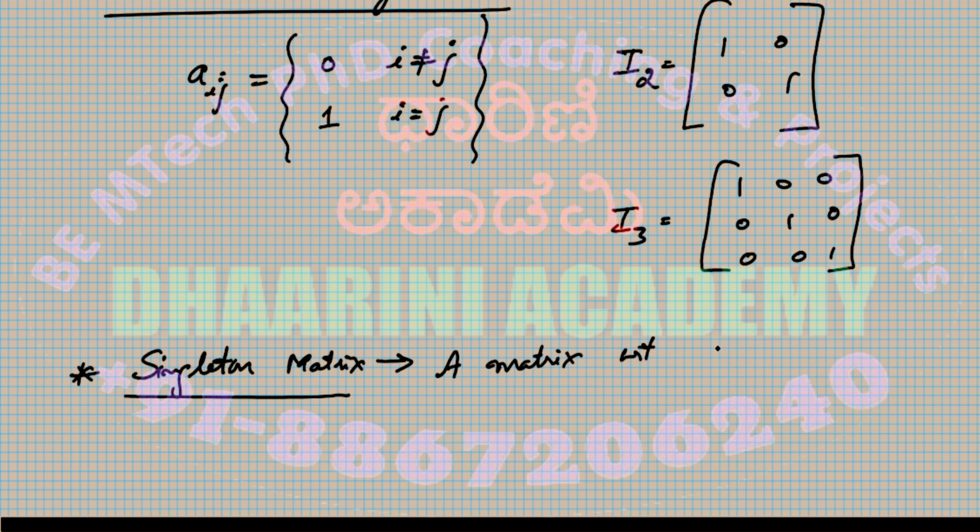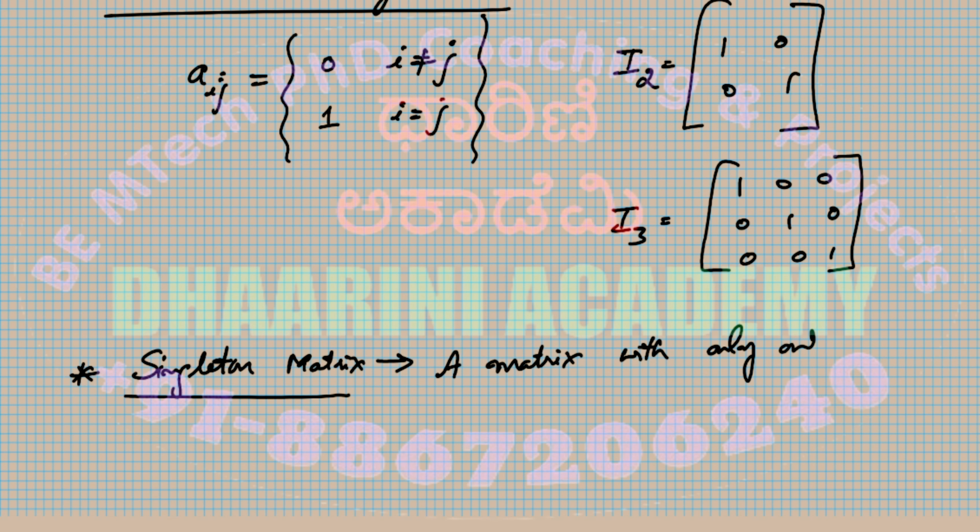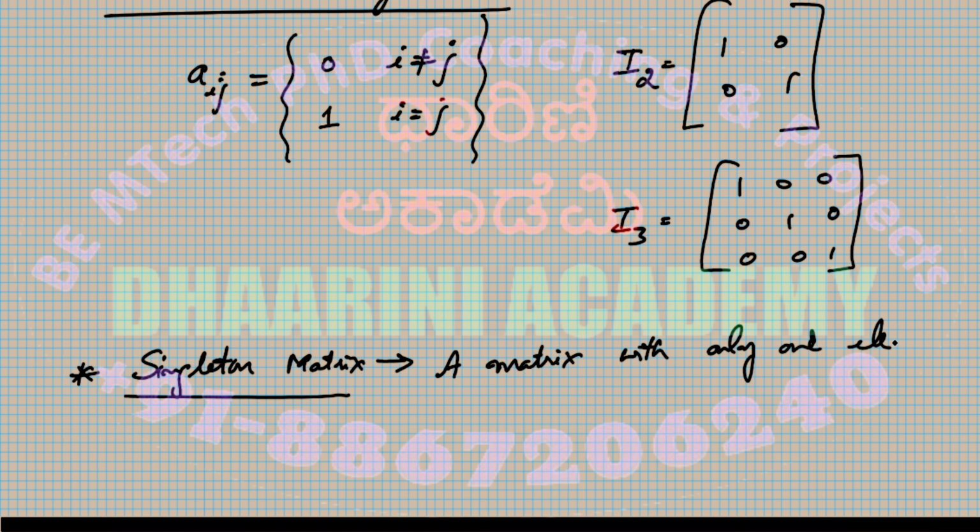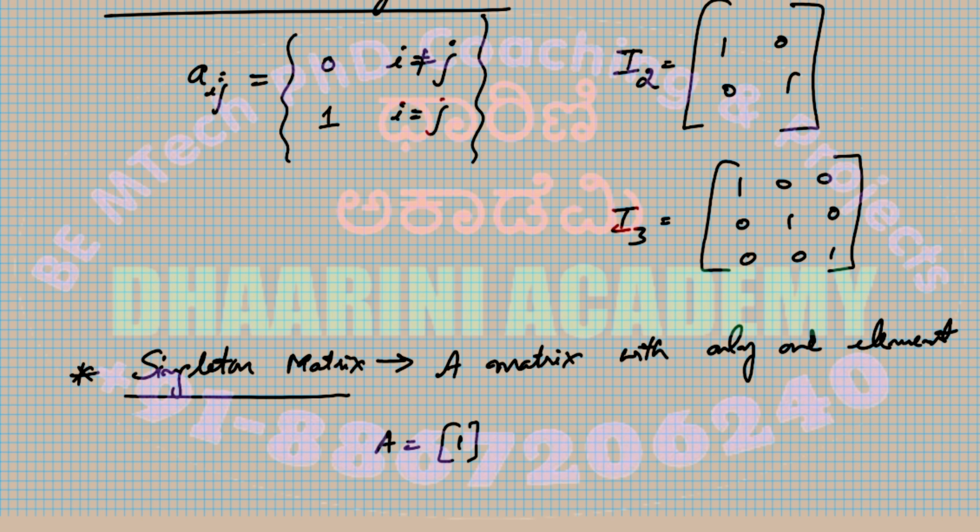A matrix with only one element is called a singleton matrix. For example, if I write A is equal to just 1, that's a singleton matrix. Within the square brackets I write say 5, 5.5, 10.5, whatever value. If a single value is written, that's a singleton matrix.